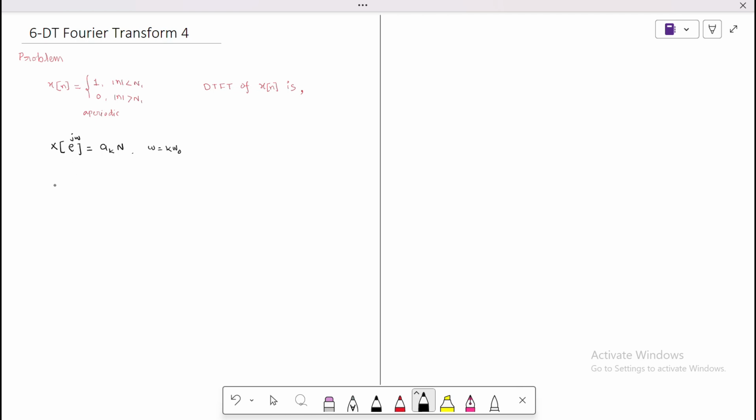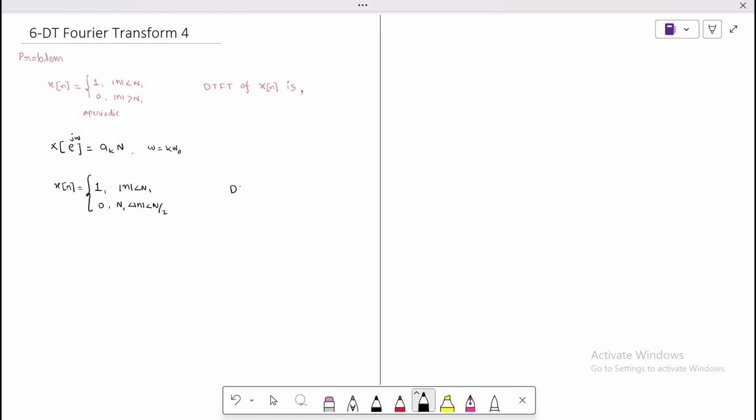So for the discrete time Fourier series, x of n is the periodic signal that is 1 for mod n less than n1, and from n1 to half of the time period, N is the time period, it is equal to 0. So it is defined for only one time period, and it is repeating for every time period.